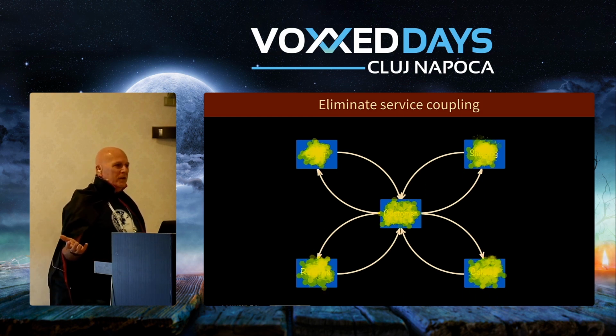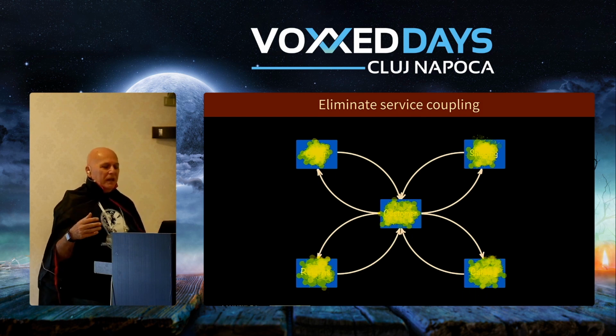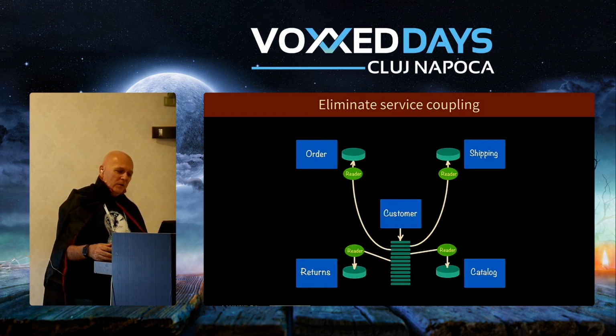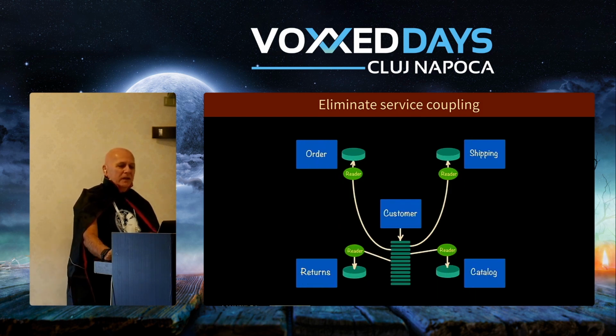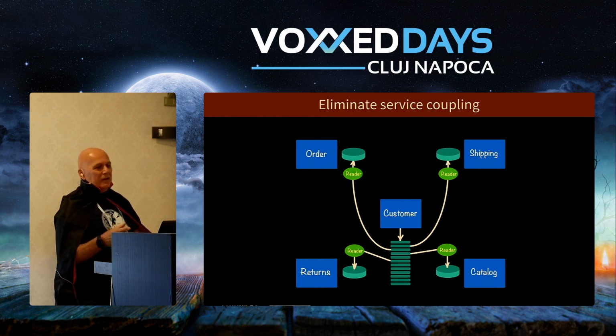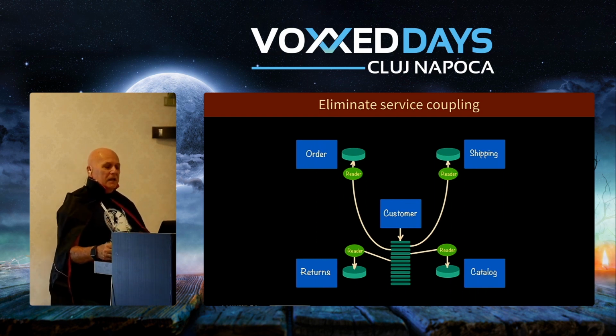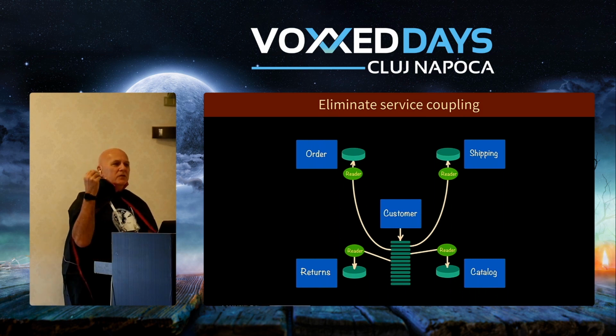This is, again, a form of coupling. So there's a somewhat controversial approach, but I didn't invent it, and I like it a lot because I don't like brittle systems. I don't like systems that wake me up in the middle of the night with production issues. So what customer is doing is that every time a change to a customer happens, it publishes an event.